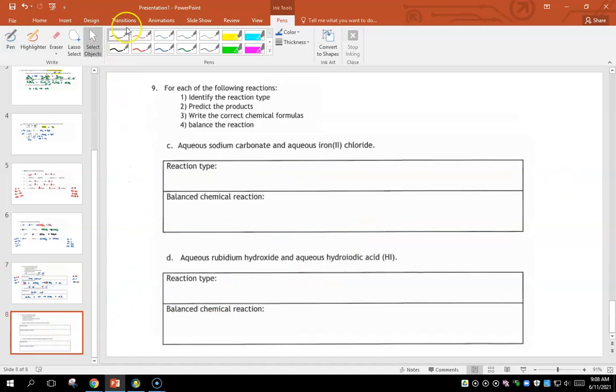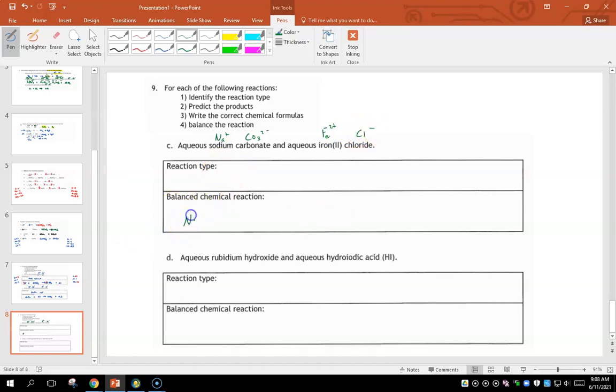All right, two more. Next one, we got aqueous sodium carbonate. So this is Na plus and CO3 2 minus, and aqueous iron 2 chloride. So this is Fe2 plus and Cl minus. So we're going to combine those.